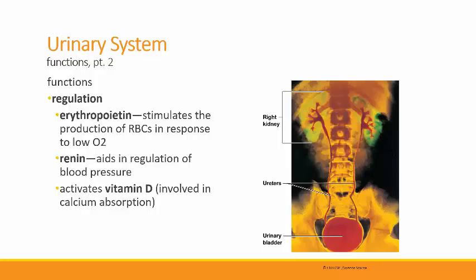Renin is another hormone that's produced by the kidneys, and so we will see its function in a later lecture. And then there is a role with activating vitamin D, and we've already talked about the importance of vitamin D in the nutrition chapter with absorbing calcium from the food that we eat, and so activating that vitamin D to help encourage the body to absorb calcium is very important.